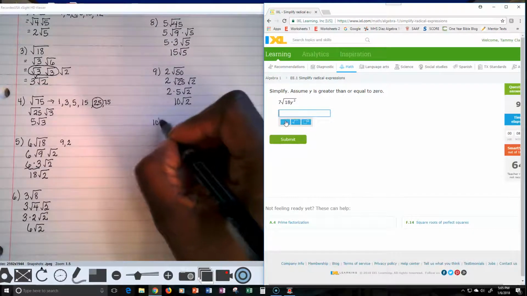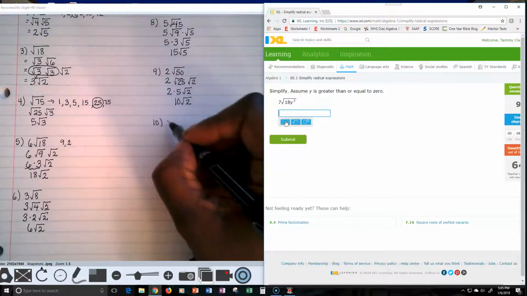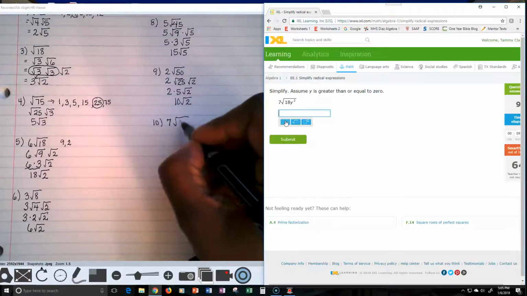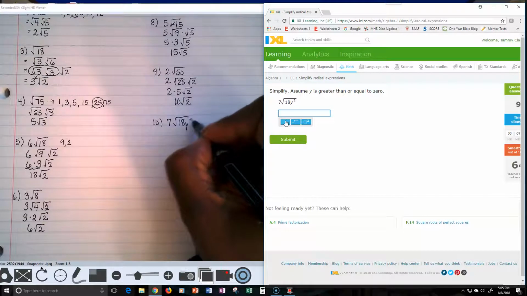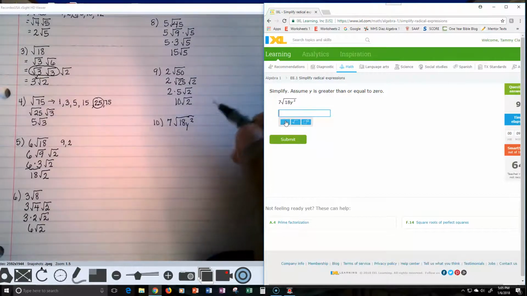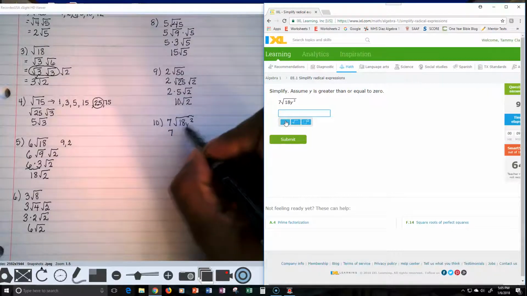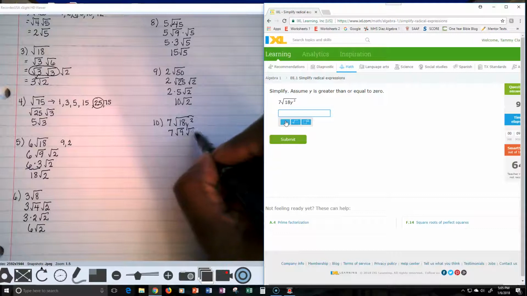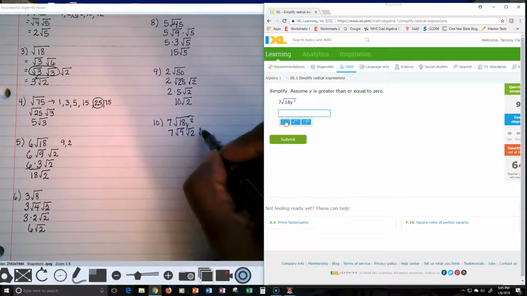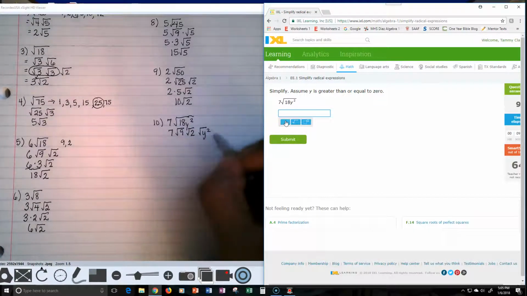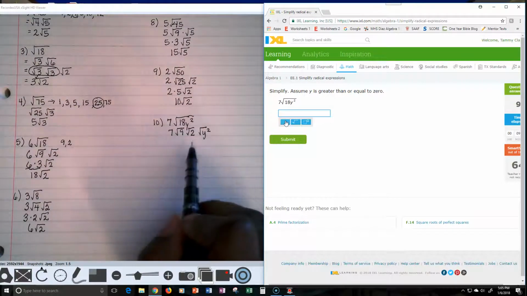Let's look at number 10. Oh boy. So this one we've got 7 root 18y squared. Now, let's break this down. We've got 7, and we know that 18 is the square root of 9 times the square root of 2 times the square root of y squared. So I just broke down everything in here.